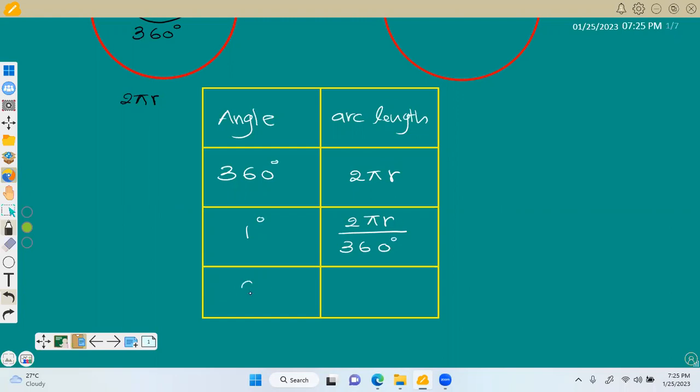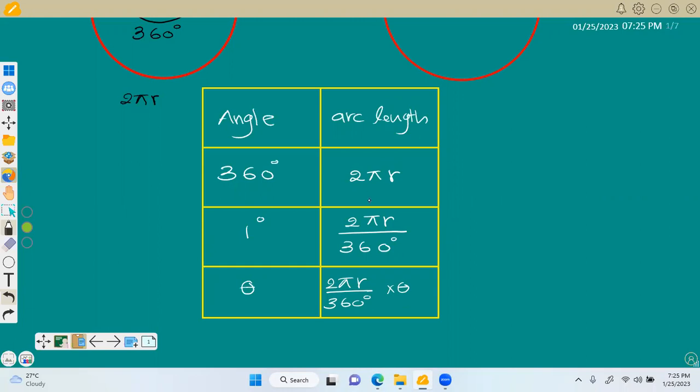Then if we consider a theta degree angle, we have to multiply this fraction by theta. When you have a theta degree angle, we find the arc length by multiplying 2 pi r upon 360 by theta.